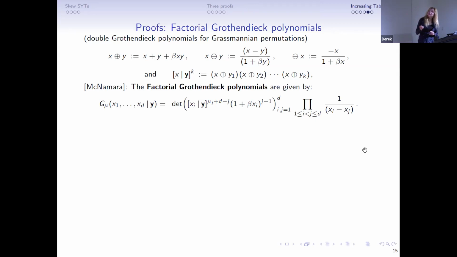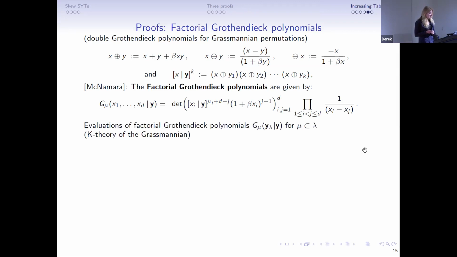In some sense it is similar to the factorial Schur function, but not quite. Then the K-theory of the Grassmannian can be encoded with evaluations of factorial Grothendieck polynomials at certain y's which come from the diagram lambda.